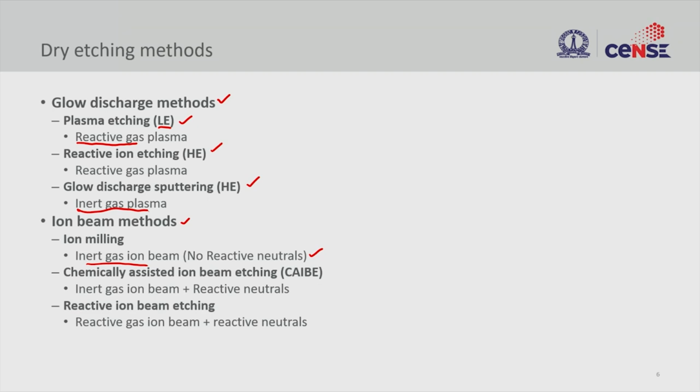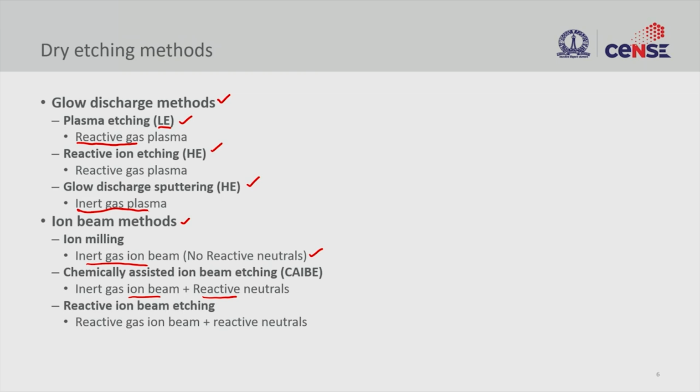The other method is chemically assisted ion beam etching. Here, in addition to the ion beam, we add some reactive neutrals. That means you have both ions and also some reactive species. Later on we will see how these processes are fundamental, but in this case both physical and chemical etch happen.